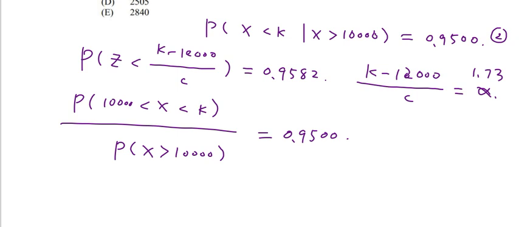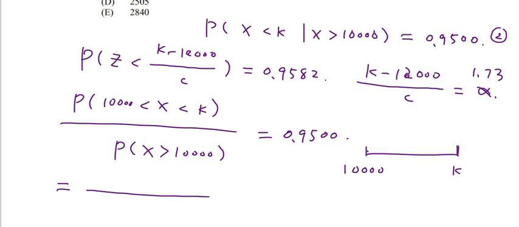So x between 1000 and k is just less than k and greater than 1000, which equals P of x less than k minus P of x less than 1000, right?